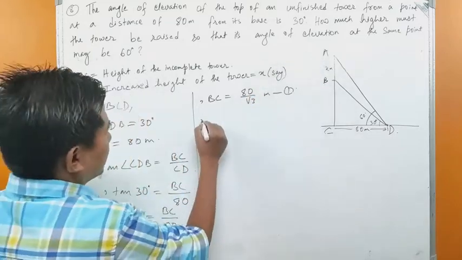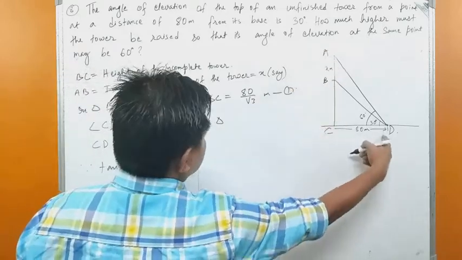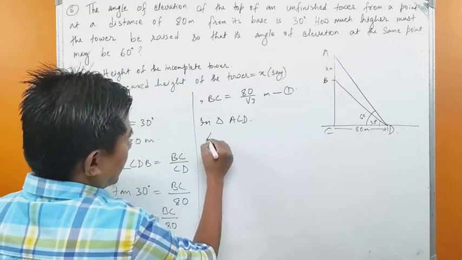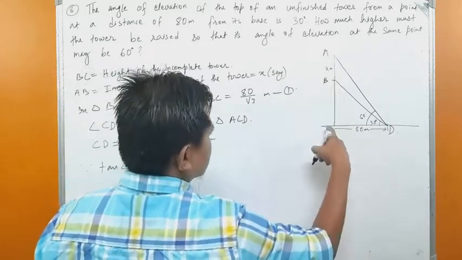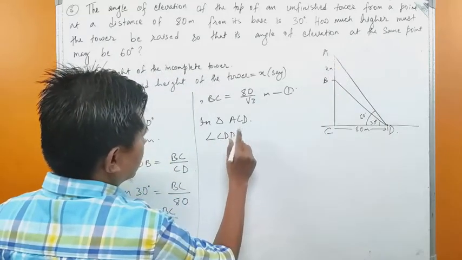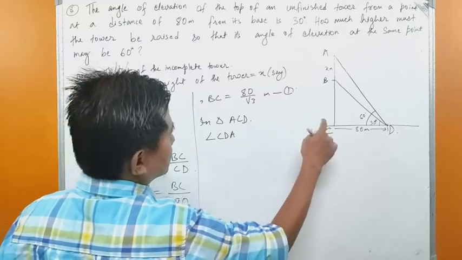Okay, in triangle ACD, angle CDA, D should come in the middle.